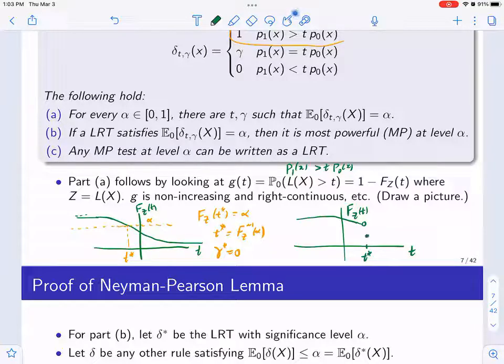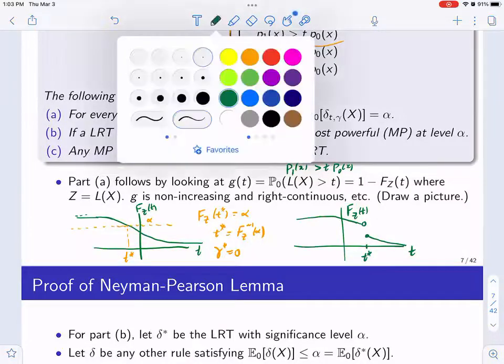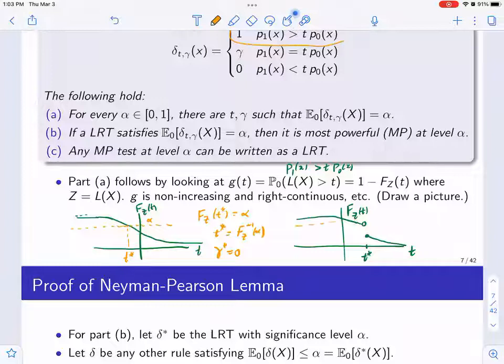So if the discontinuity happens at this point, and let's say alpha is here, we'll still have a unique solution here. There's no need to randomize. But if there's this discontinuity, and let's say alpha passes through this point, like the empty space here, then I can't find a point such that fz of t is alpha.